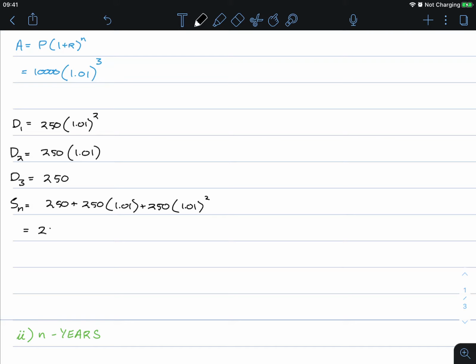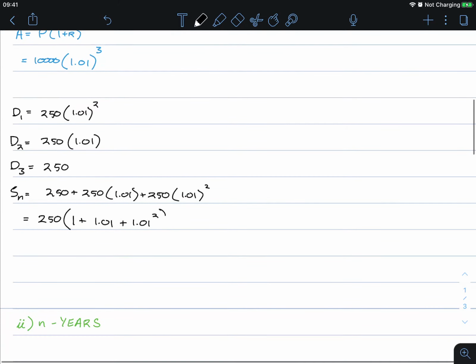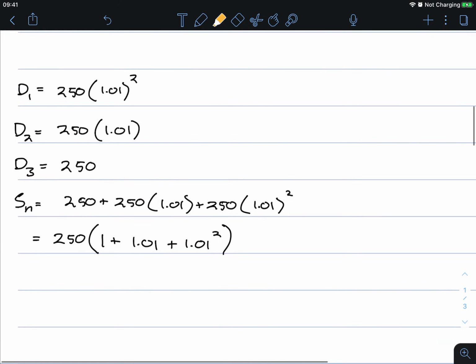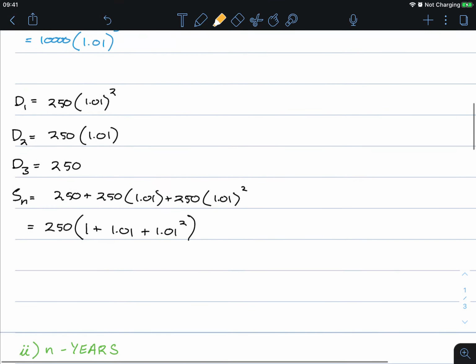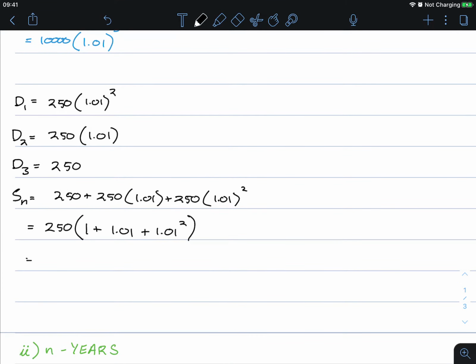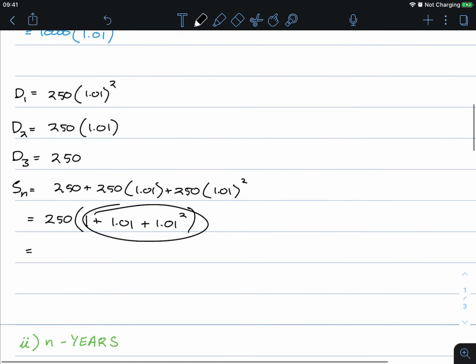Simplifying this becomes 250 outside of 1 plus 1.01 plus 1.01 squared. In case you didn't see how I factored that out, notice how each expression has 250 there, so I factored that out.